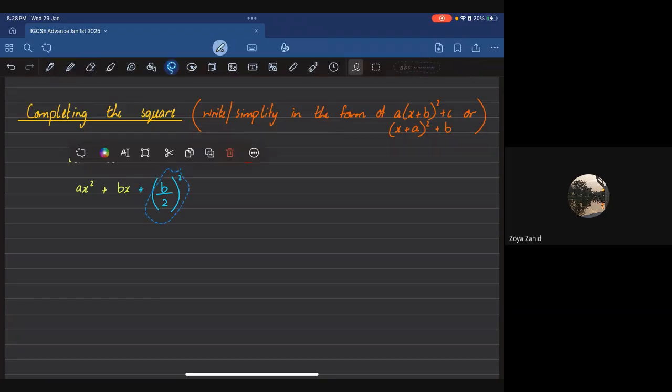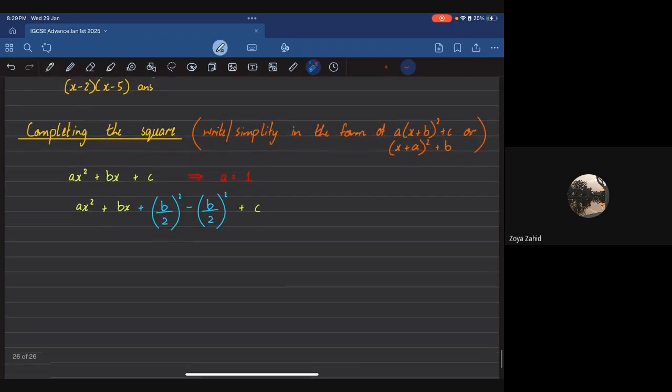You subtract the same number. The rest of the equation is as it was. These are the two introductions you have made: you divided the coefficient of x by 2 and squared it, and you're adding it as well as subtracting it.